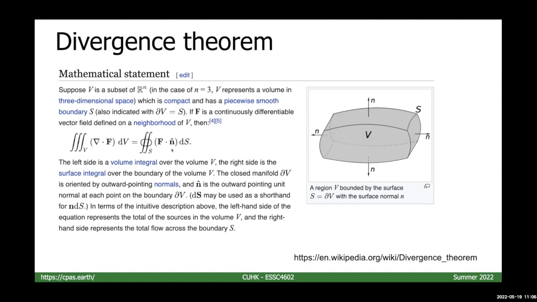So it actually means the flux of airflow going out of this finite volume. Okay. And as you know, if air really goes out, then the density will become smaller because in the same volume, there is less air mass.